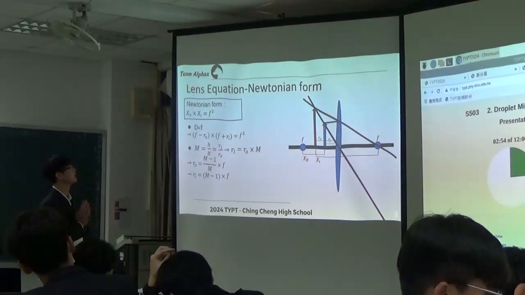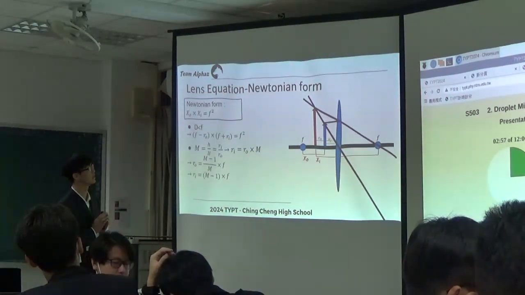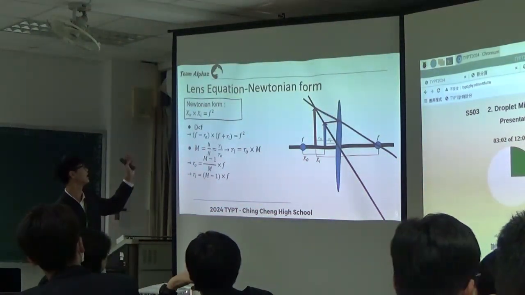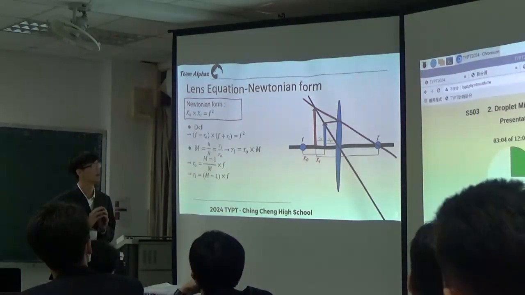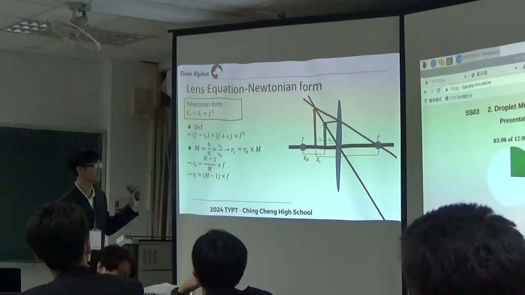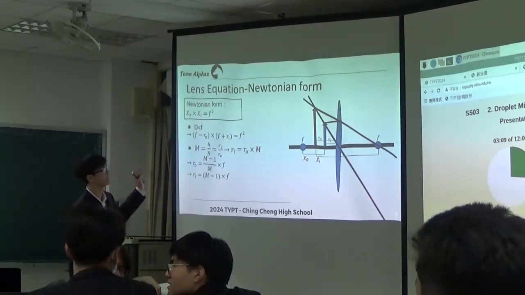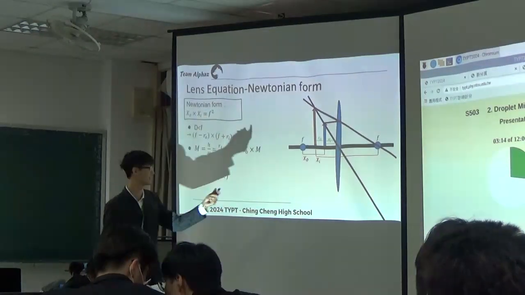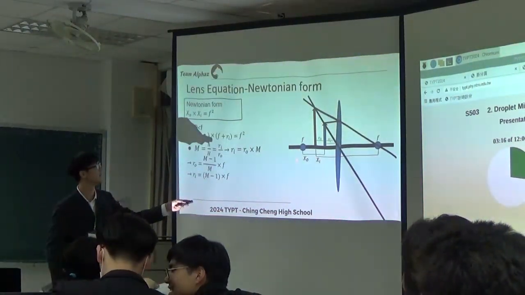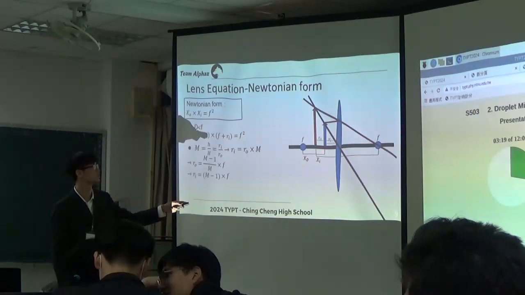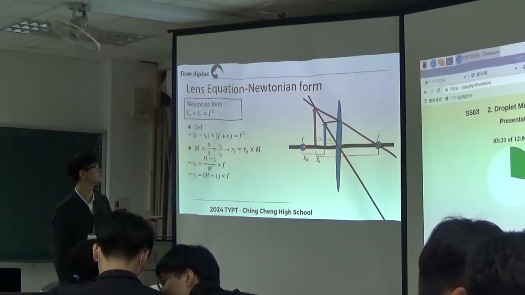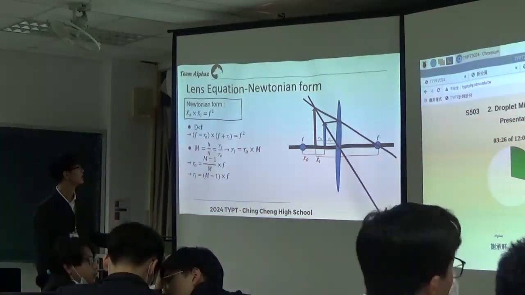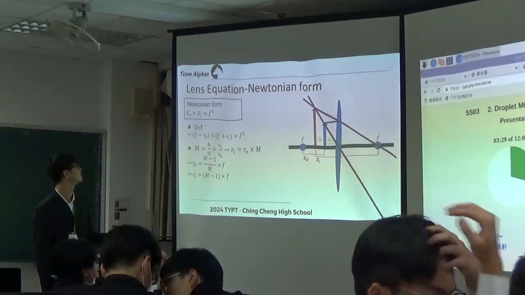Then we use the lens equation to turn it into the Newtonian form. It's xo, xi equals f squared. xo is the object's distance to the focal point. xi is the image's distance to the other focal point.